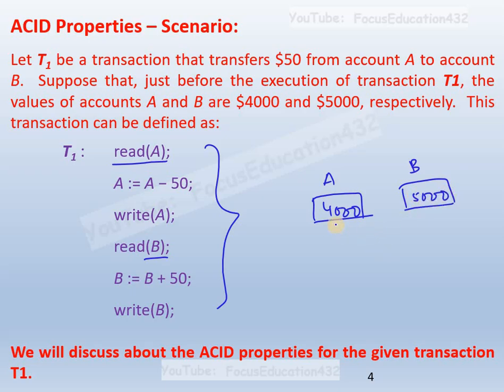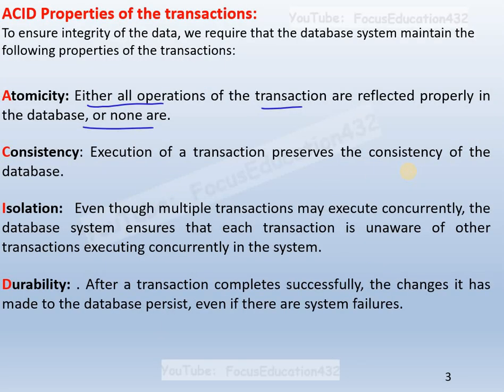Now you need to transfer $50 from account A to account B. So 50 will be deducted from A and added to B. At the end of the transaction, A should become 3,950 and B should become 5,050. So what is the meaning of atomicity here?